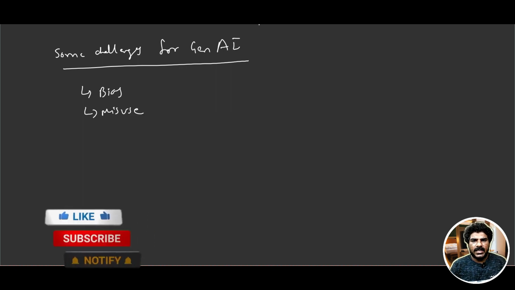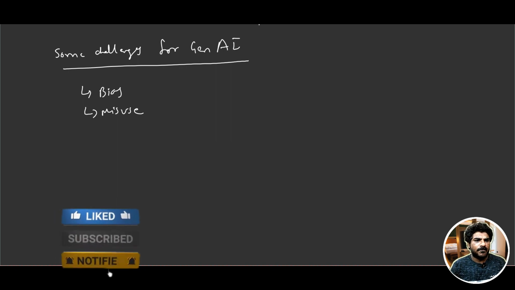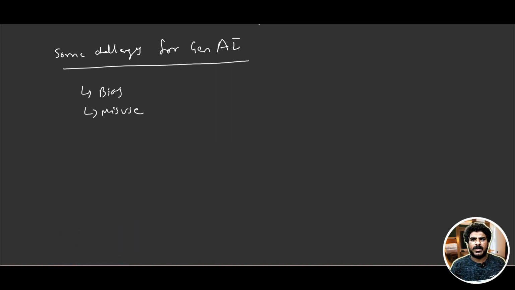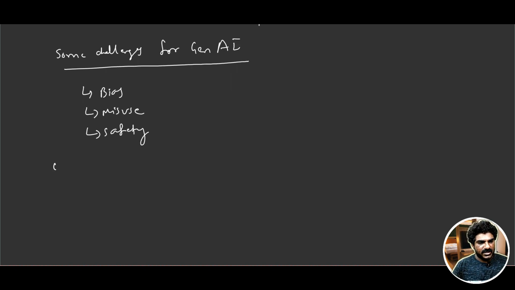You might have seen the issue with deepfakes, right? A lot of people use generative AI for malicious practices. The next point is safety. As generative AI models become more sophisticated, it is important to ensure that they are used safely and ethically.